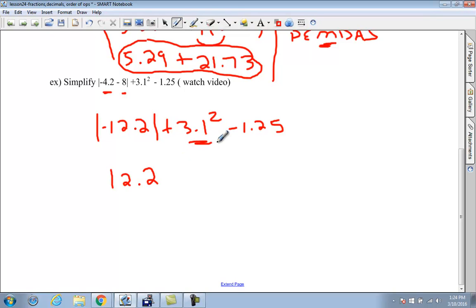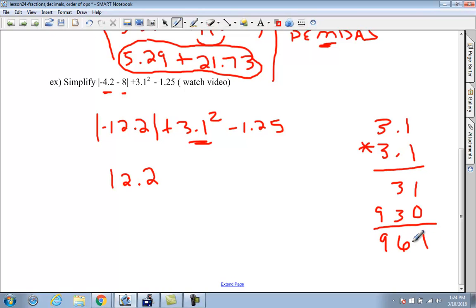Then I'd like to take care of my exponents, so I'll go off on the side and do that. 3.1 squared, I'm going to have to figure out what 3.1 times itself is. So that's going to be 961. So 9.61. Okay. So 9.61. And then eventually minus 1.25.